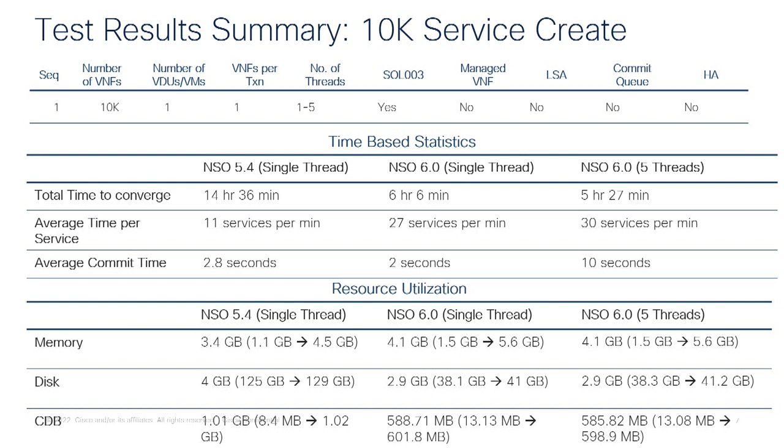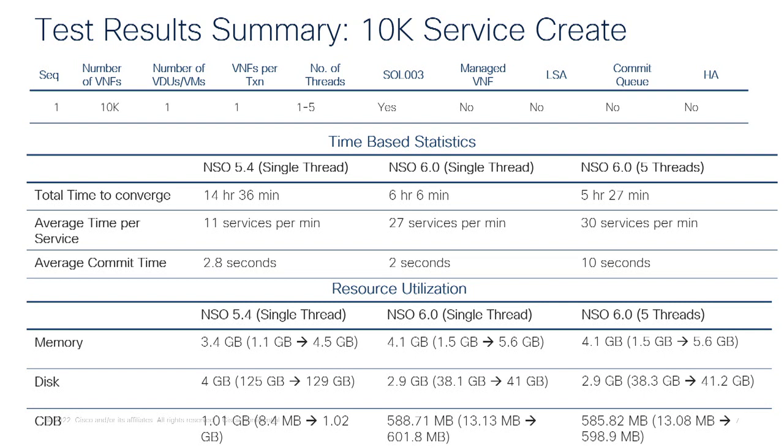So that's why there's not much difference in this particular case between single thread and 5 thread. Now, the resource utilization is pretty standard. If you look at the CDB footprint, it's quite reduced. These are some of the other improvements in NSO 6.0 that lead to this better CDB footprint. Okay, so this is the NFVO use case.